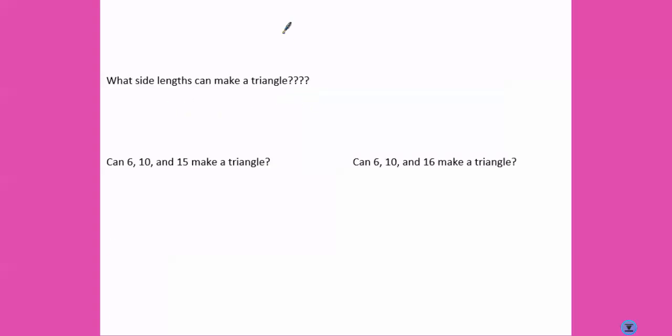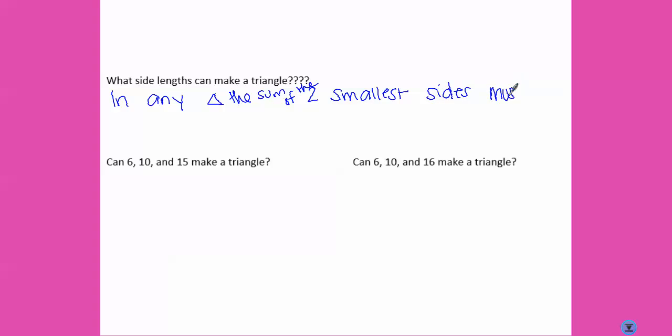What side lengths can make a triangle? In any triangle, the sum of the 2 smallest sides must be greater than the longest side.